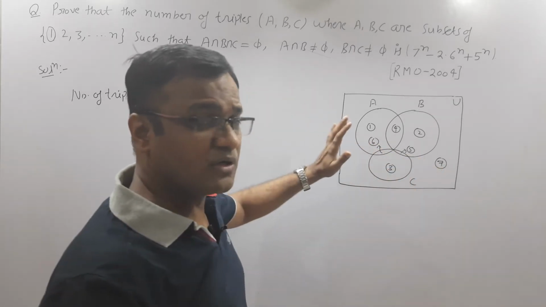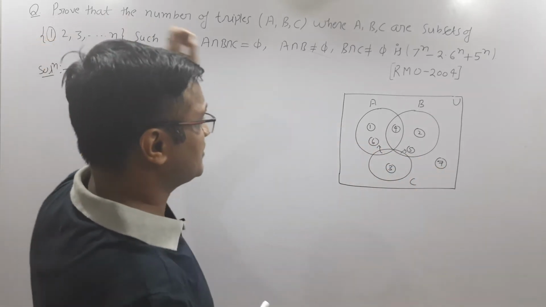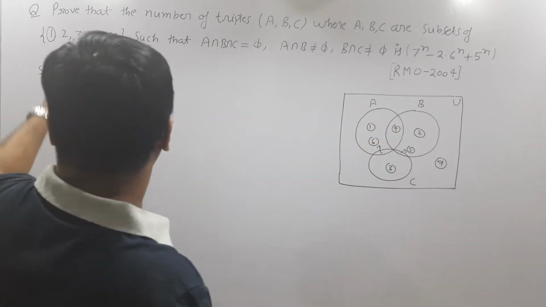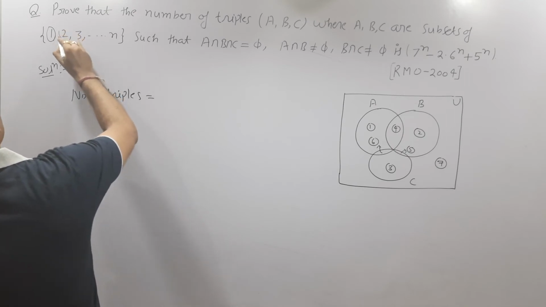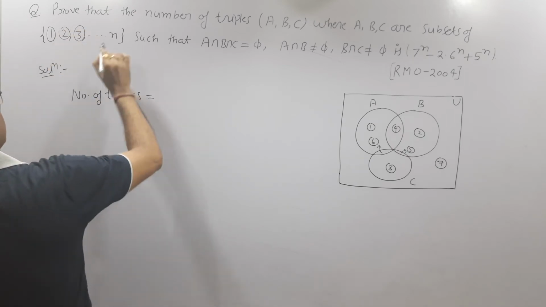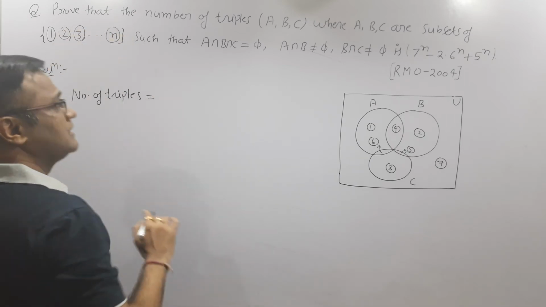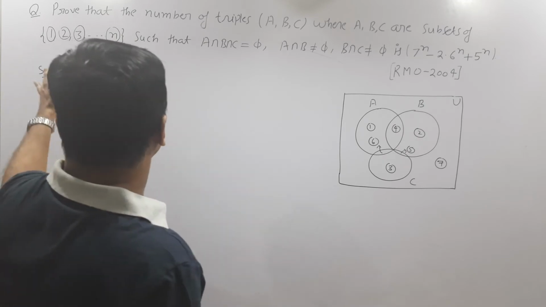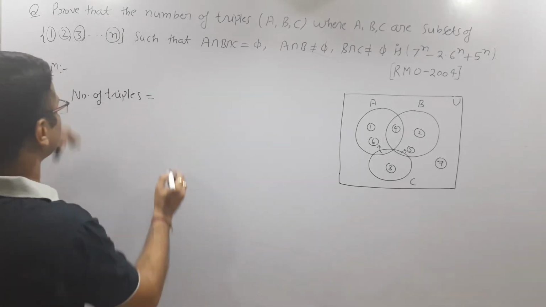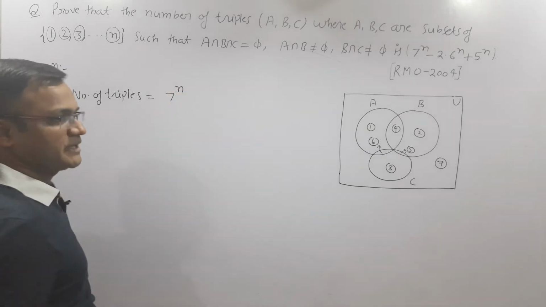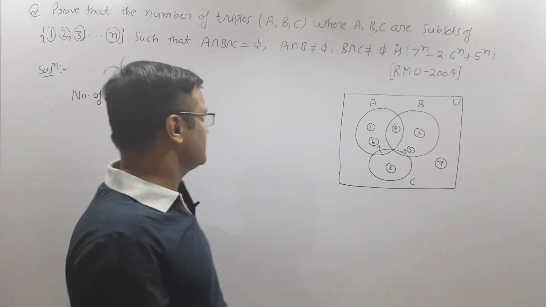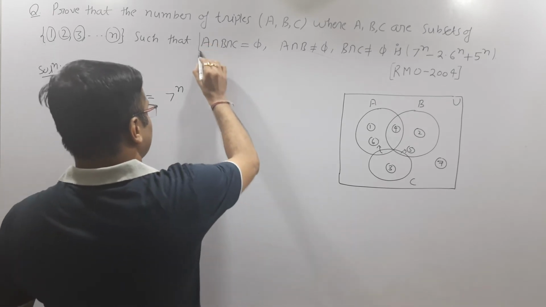If there is no restriction, then each element can be put in 7 ways. So 1 can be put in 7 ways, similarly the element 2 can be put in 7 ways, the element 3 in 7 ways, and so on. The last element n can be put in 7 ways. So each element has 7 choices, then the total number of triples is 7 into 7 into 7, that is 7 raised to the power n. In this counting manner, the first condition will hold.